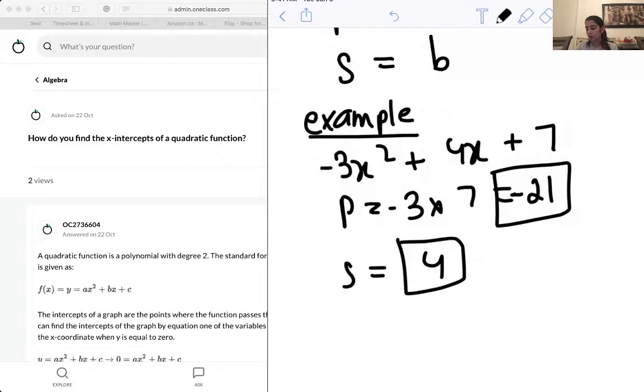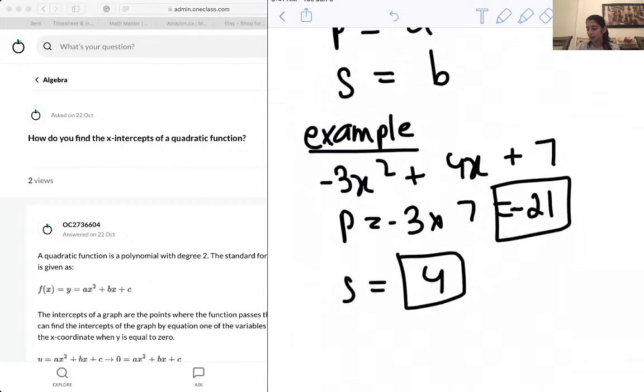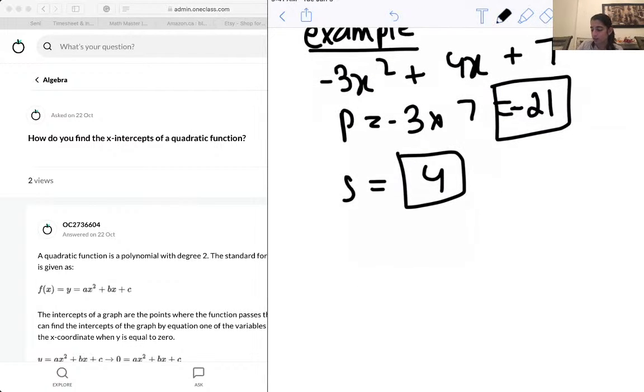We have to find numbers that make negative 21. We know that negative 3 times 7 equals negative 21, and also if we add negative 3 to 7, it will equal 4. So that was our first criteria of finding the numbers. Our second is putting those actual numbers in.